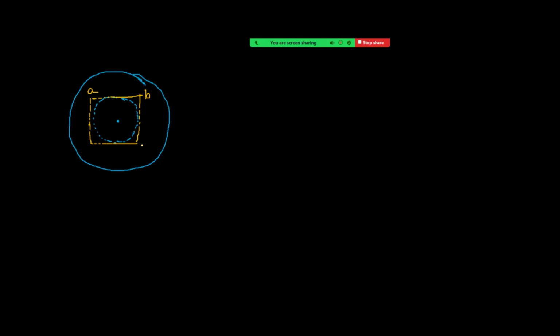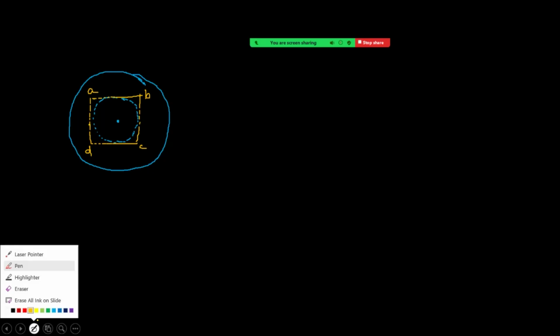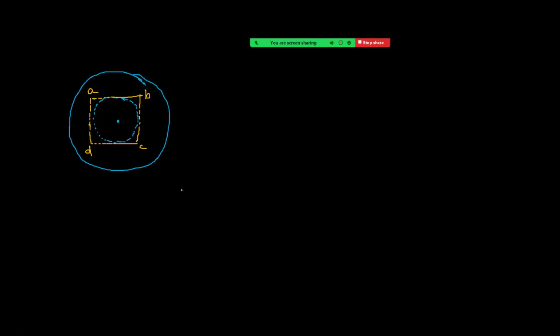A, B, C, D, and there's a point P. So taking a point P here. See the first question: find the magnitude of the electric field E at a point on the circumference of the circle. See here, is anything given regarding the radius?